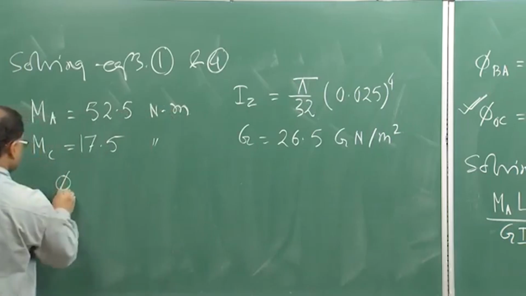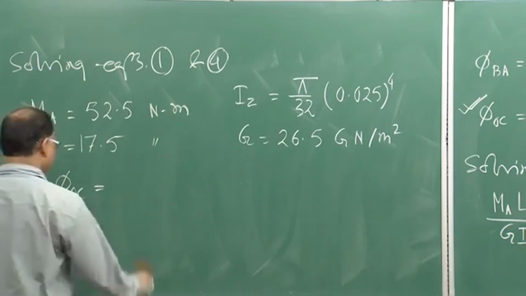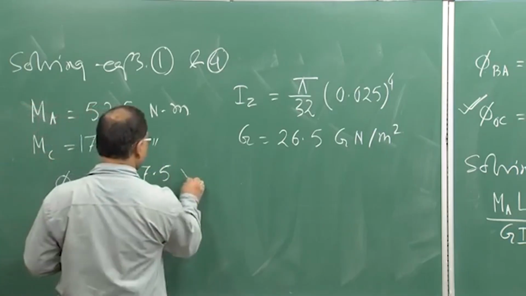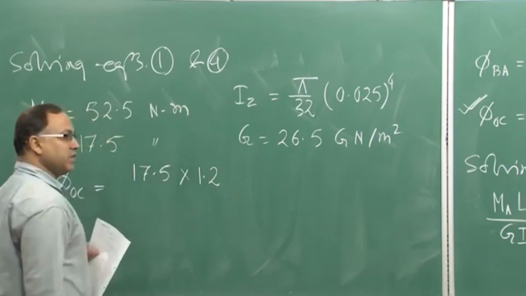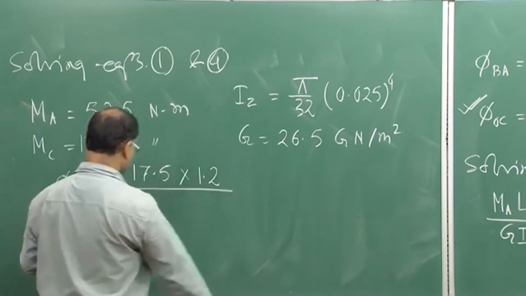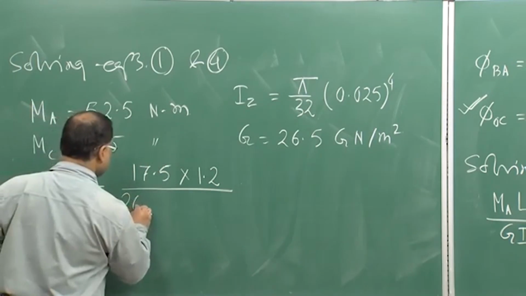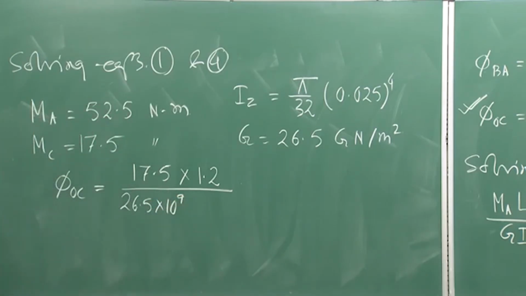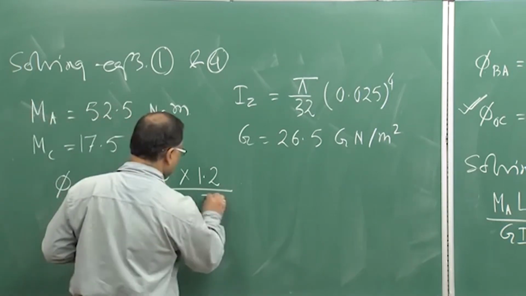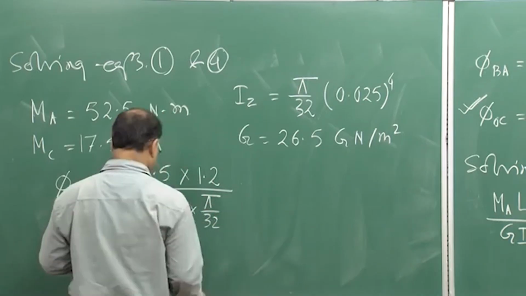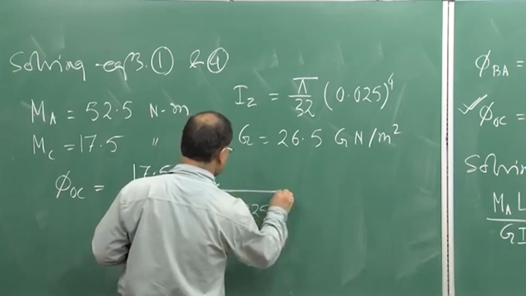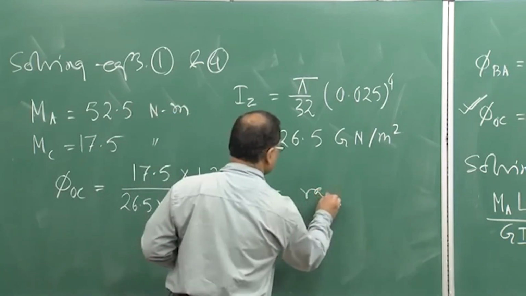Therefore, phi OC is equal to 17.5, that is the MC value, into LOC, that is 1.2 meter, divided by 26.5 into 10 to the power 9, that is the G value in Newton per meter square, into IZ, pi by 32 into 0.25 to the power 4, in radian.